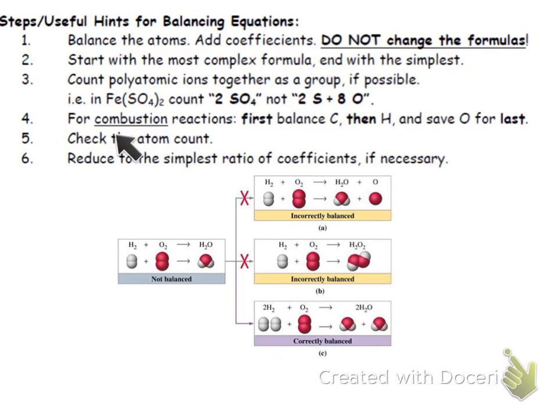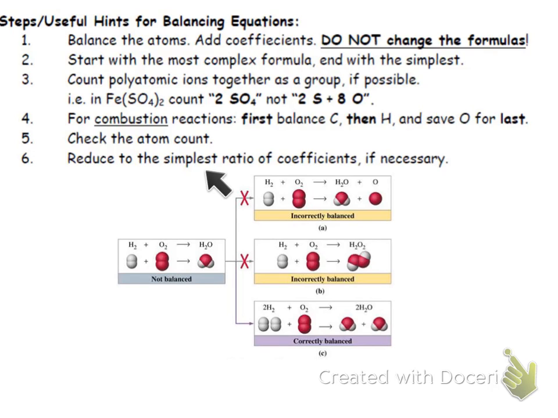For combustion reactions, the best way to do it is to start with carbon, then do hydrogen, and save oxygen for last. When you're done, check the atom count, and then if you need to, reduce to the simplest ratio, just in case you have all even numbers or something like that.